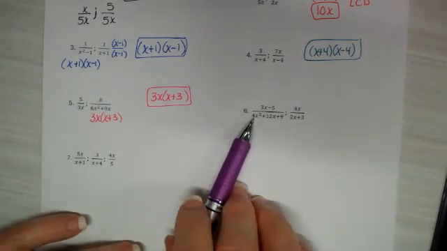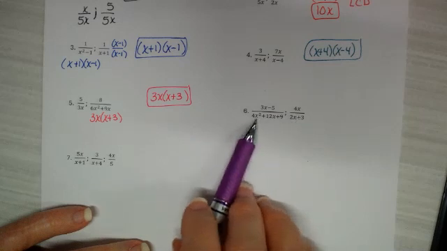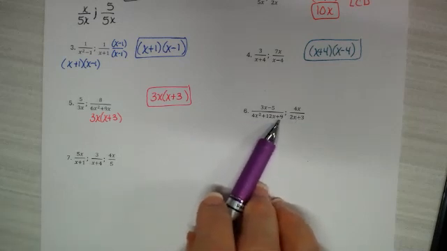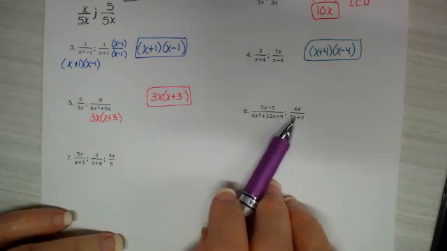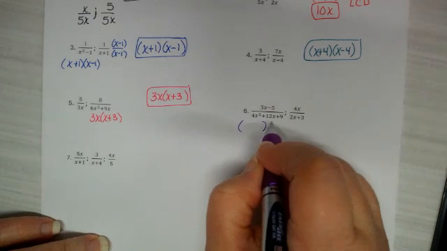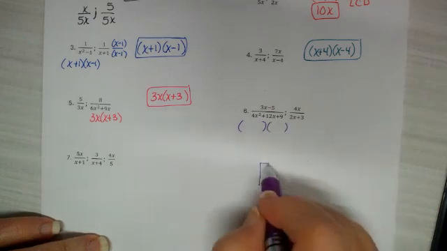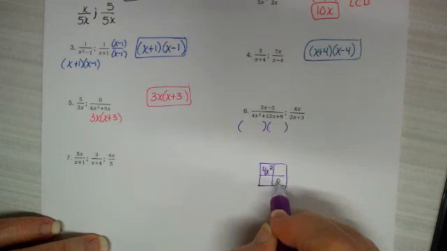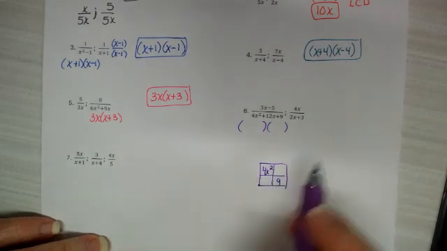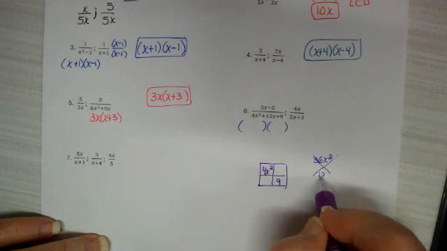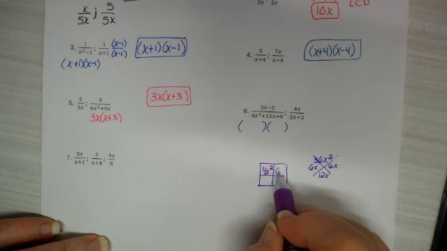And number 6, I've got a 2x plus 3, and then I have this that needs to be factored. Sometimes, not all the time, but sometimes the smaller denominator might be a clue to help you factor. So if I factor this, I know a lot of you are going to go to your box and say, okay, 4x squared and 9. So what are factors of 36 that add up to 12? And I hope you notice that it's 6x.